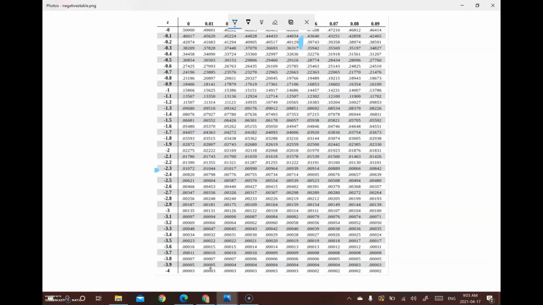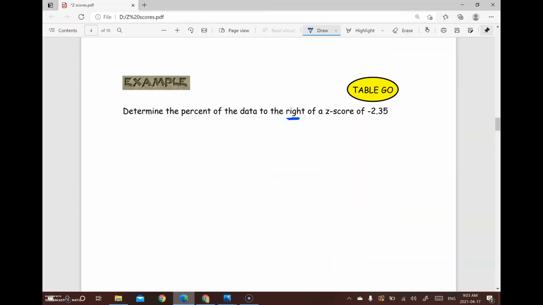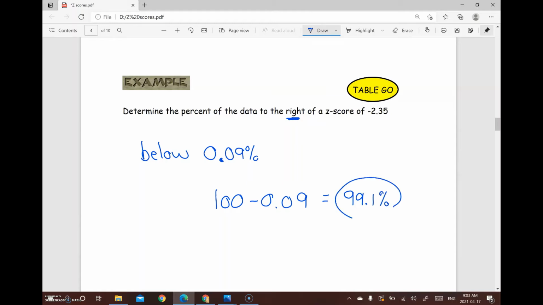If I times that by 100, 0.9% of the population is below me. So I'm going to put below 0.9%. If I want to know to the right, I take 100 and subtract 0.9, and I get 99.1%. So 99.1% of the population is above.